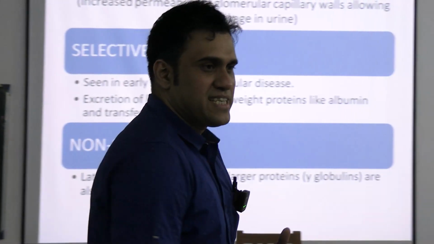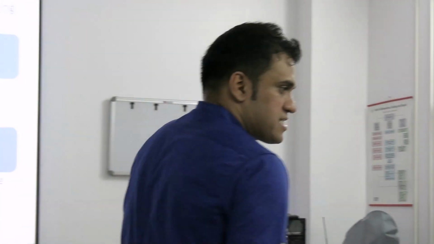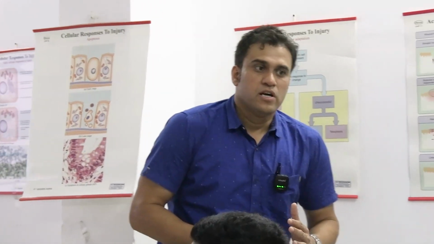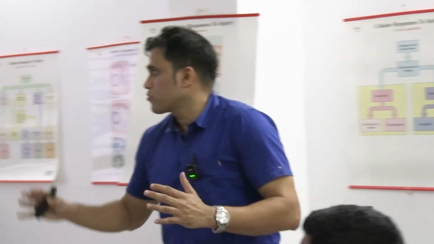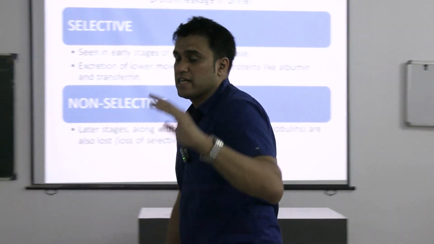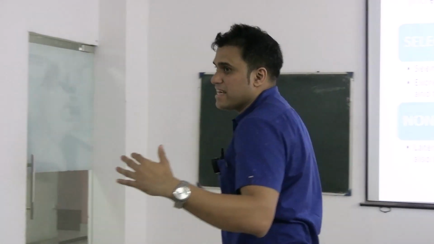But as the disease progresses, the selective proteinuria slowly but steadily switches over to non-selective proteinuria. That is when higher molecular weight proteins like gamma globulins are also excreted in urine along with albumin and transferrin.